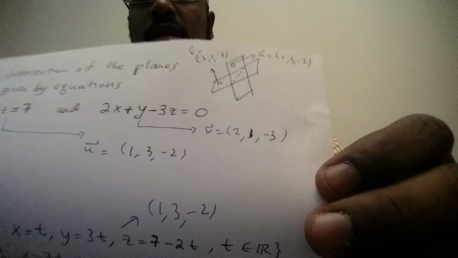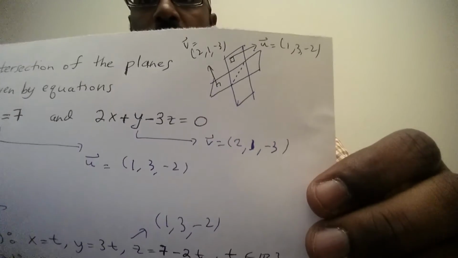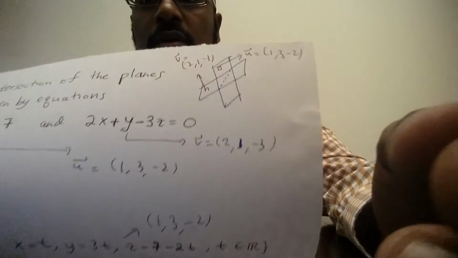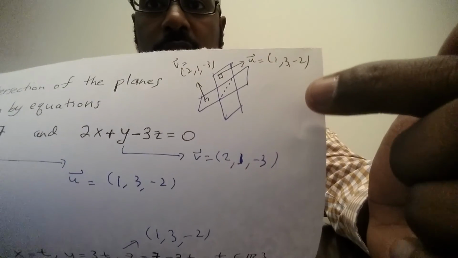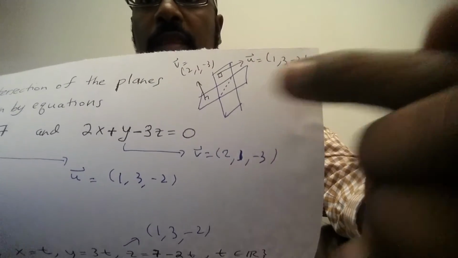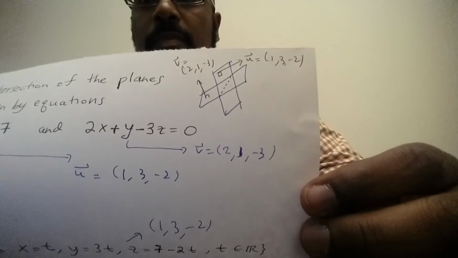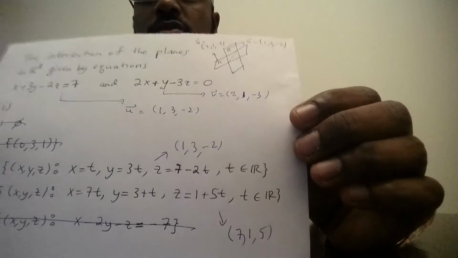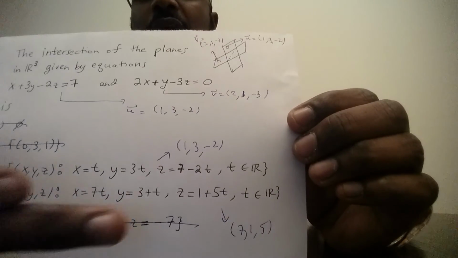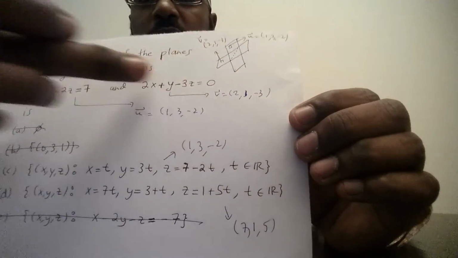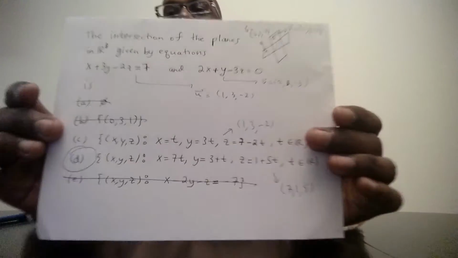Okay, and a quick check with the vector 1, 3, negative 2 shows that it's not perpendicular, for example, to the vector here. If you take the dot product of these two, you get something that's non-zero. As a consequence, it must be the case that this vector is perpendicular to both of these because it's the only answer choice left. And so our answer is choice D.